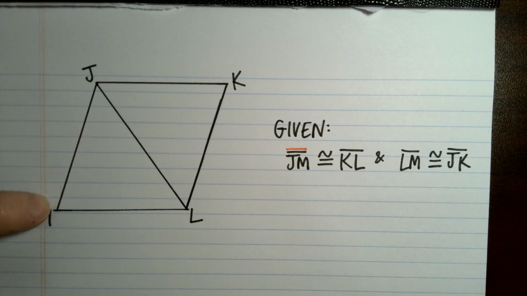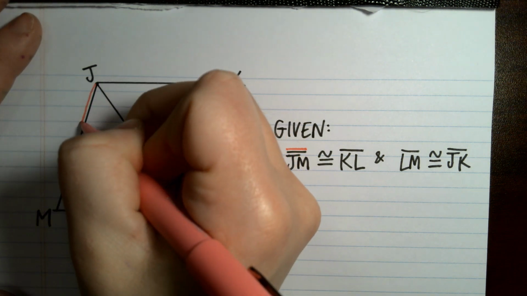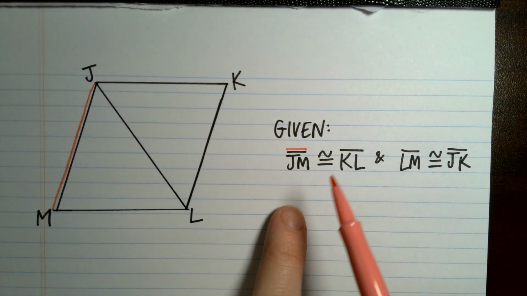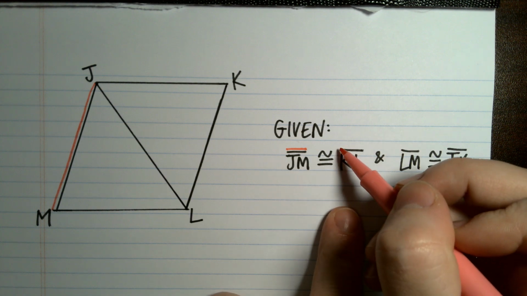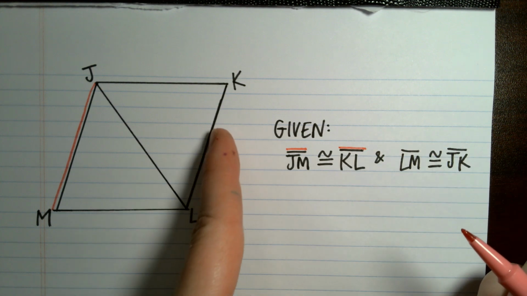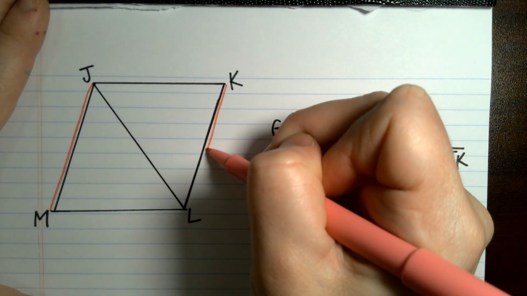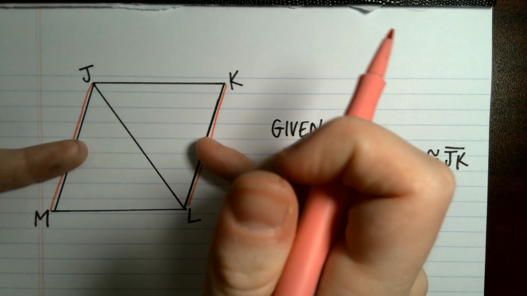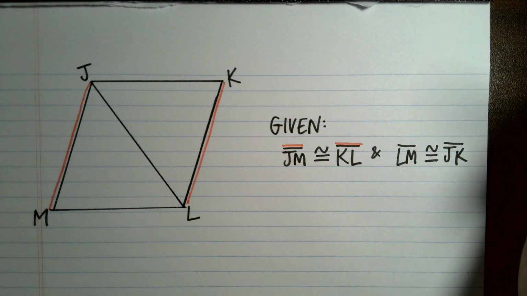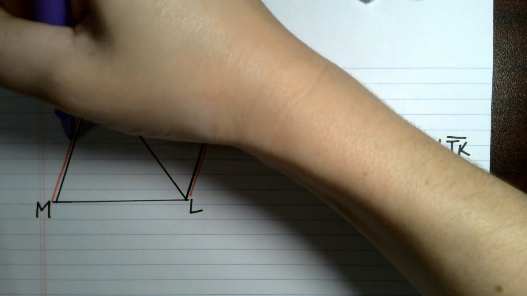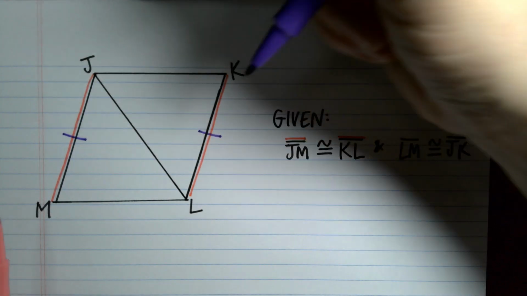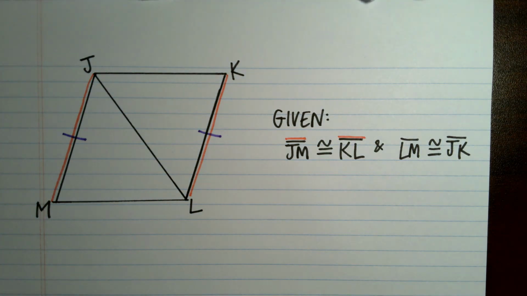It's the far left side from J to M. So we know that JM is congruent to KL. Where's KL? Right on the other side here. To show that these are congruent to each other, we're just going to put a tick mark on both of them, the same number of tick marks. So I'm going to put one here and one here. That tells me that they are the same.